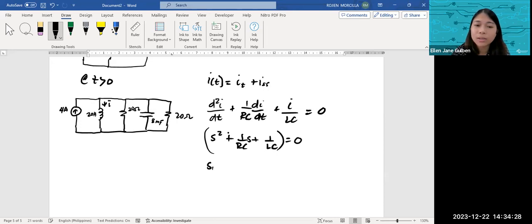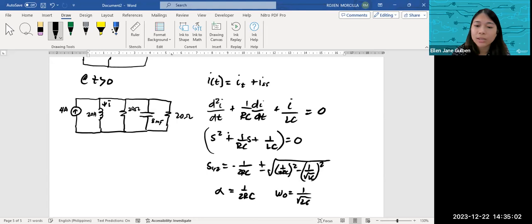Then S1, S2 is equal to negative 1 over 2RC plus or minus the square root of (1 over 2RC) squared minus (1 over the square root of LC) squared. So our alpha is equal to 1 over 2RC, and omega sub O is equal to 1 over the square root of LC.